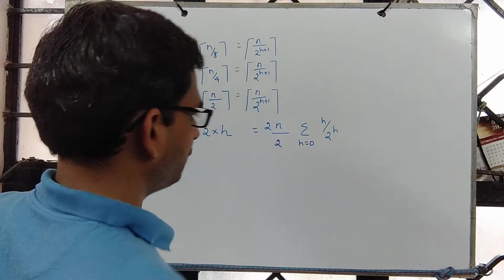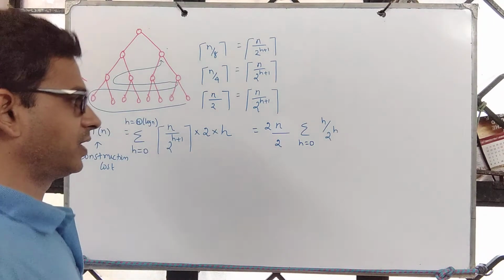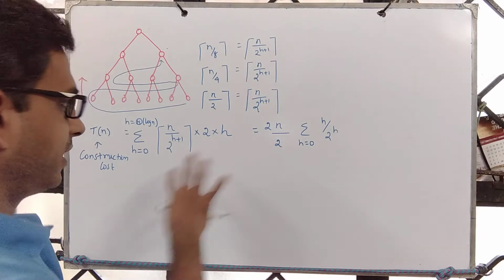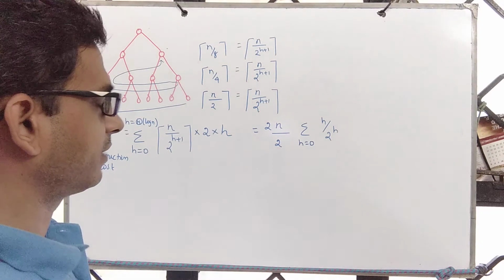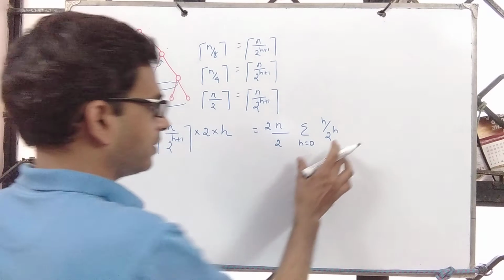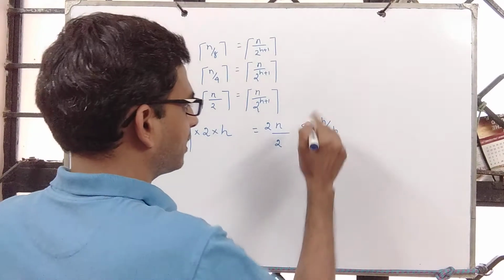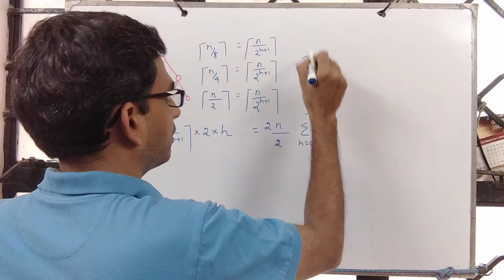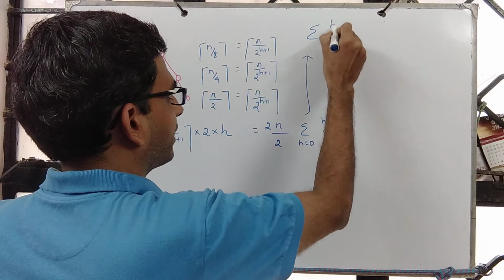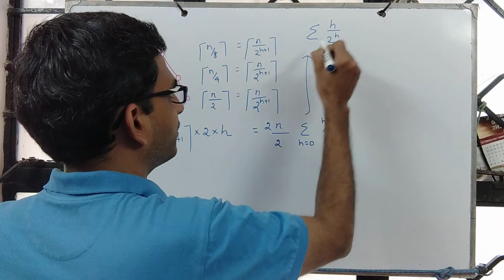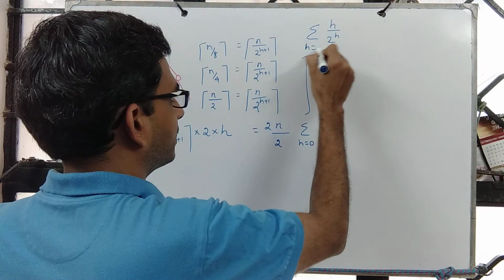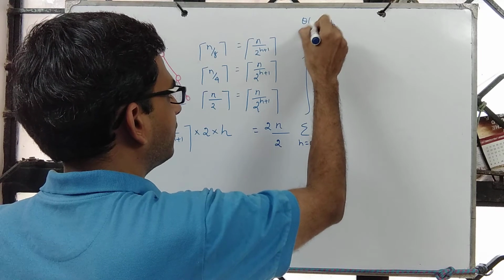So we are assuming the case where n is a power of 2, and with that I am simplifying this part. So this is what we are getting, right? Summation h by 2 power h, and h runs from 0 to theta of log n.